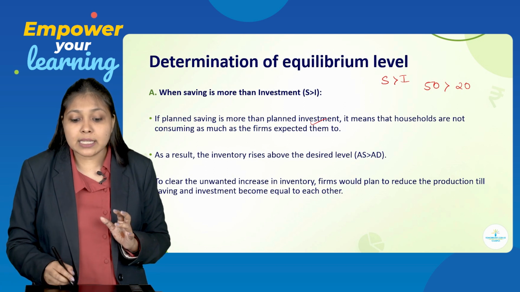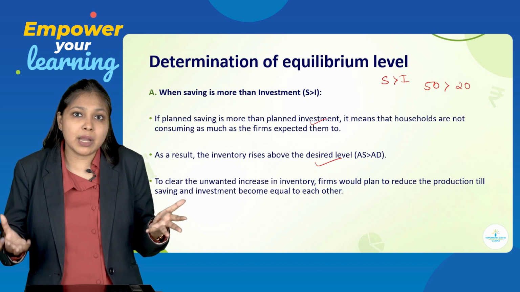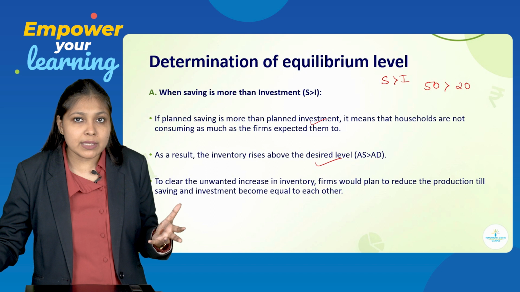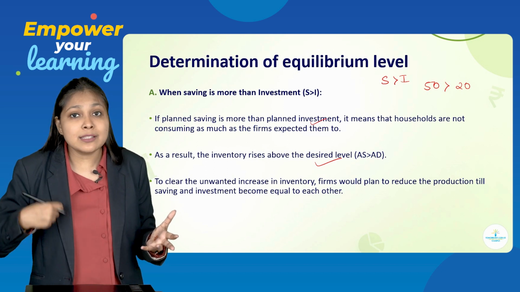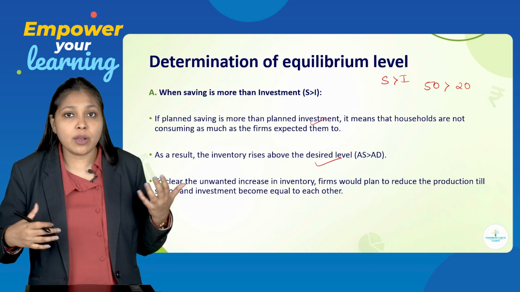So, as a result, inventory will rise because here supply is more and demand is less, because the maximum proportion of income is going into savings. That means consumers are not consuming at that level. That means your supply is more and demand is less. So, inventory or stock will rise.